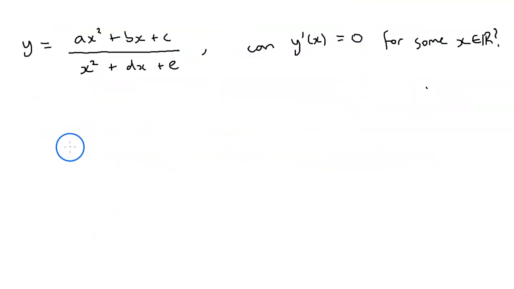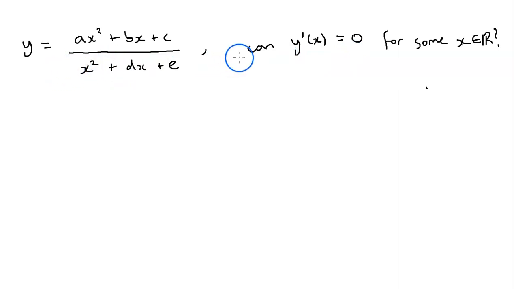Just to sidetrack for a few seconds, and we'll return to this at the end. Given all the work we just did calculating y prime of x for the previous function, an interesting question that you might want to work on is, if we have y equals ax squared plus bx plus c divided by x squared plus dx plus e, can y prime of x equal 0 for some x as a real number? So is it possible to actually have the derivative equal to 0 and therefore maybe some maximums or minimums?